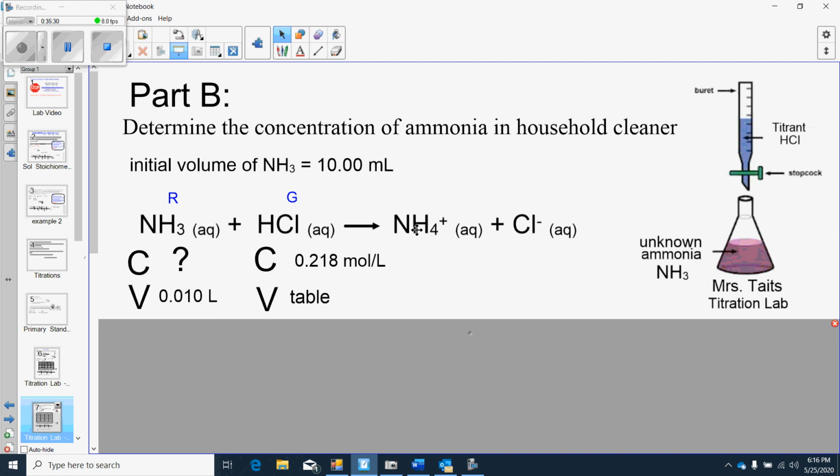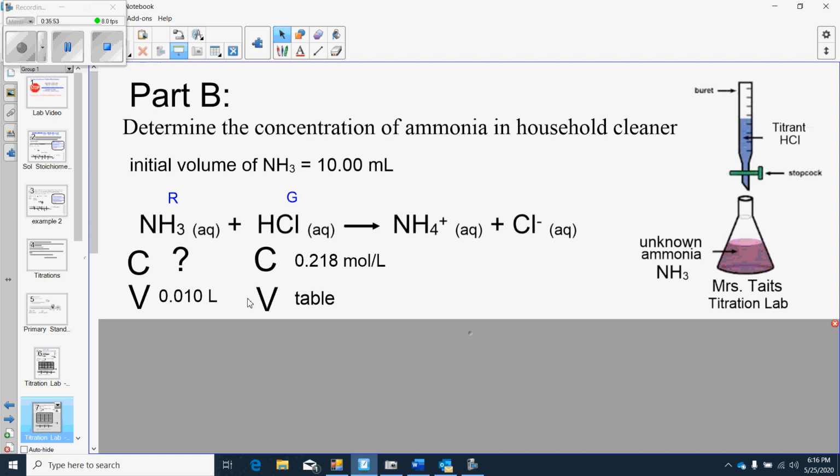We have our equation, and this is kind of an odd equation because it's breaking up into its two ions. We have an exchange of H, so it's a little different. It's not a double replacement. We have our required and our given. We have our volume because each trial used 10 milliliters of that. But again, table here, guys. Whenever you do a titration, that's why you're doing a titration.